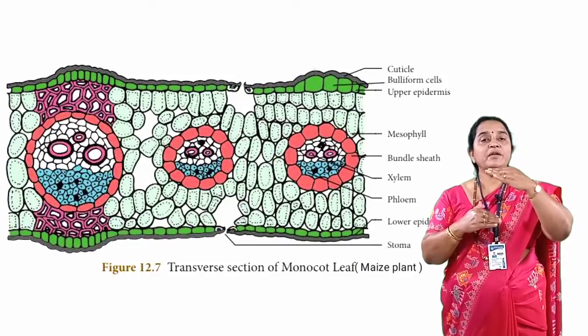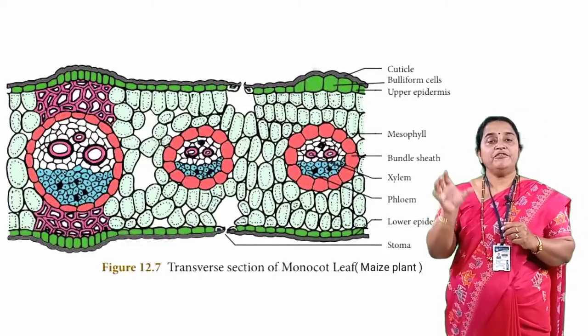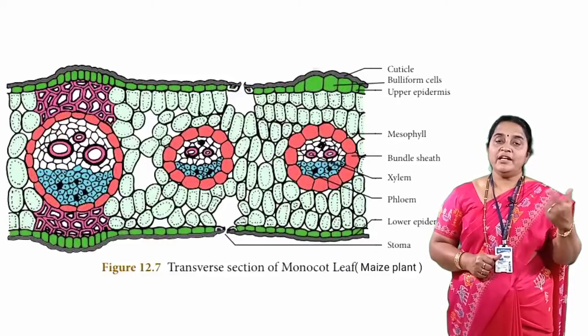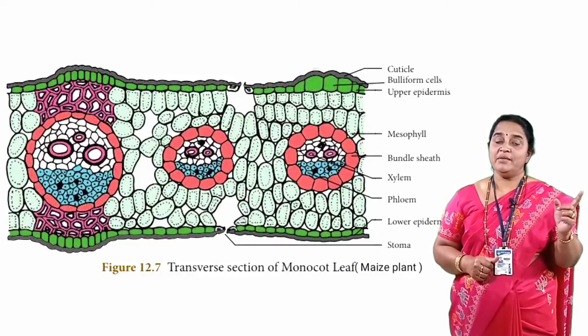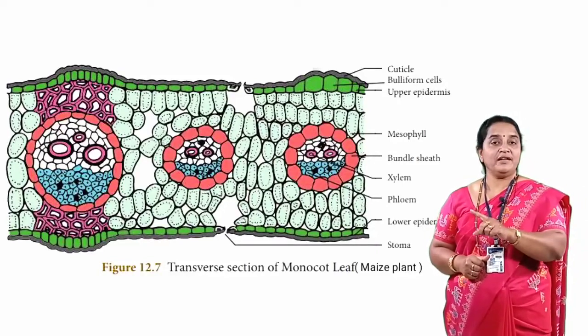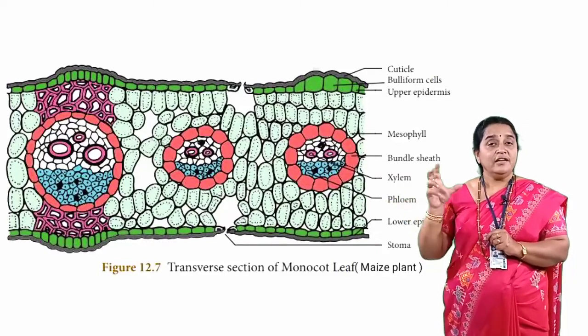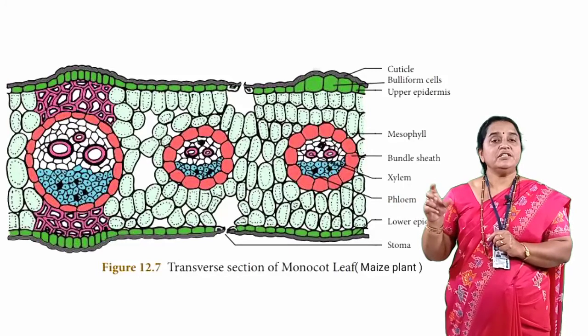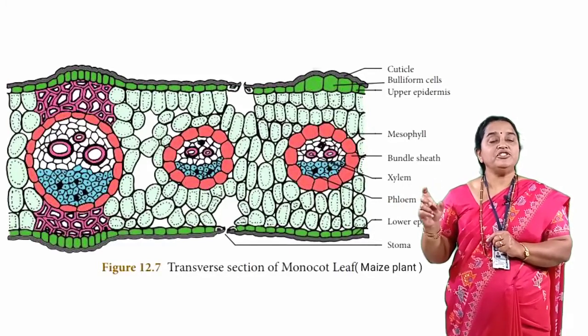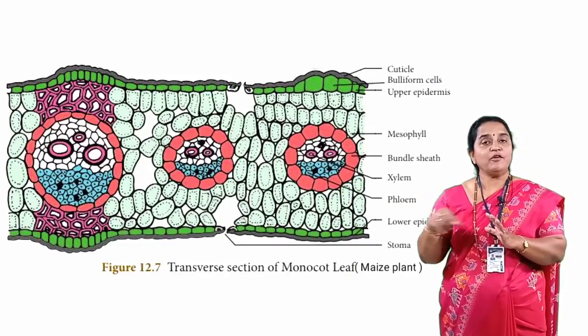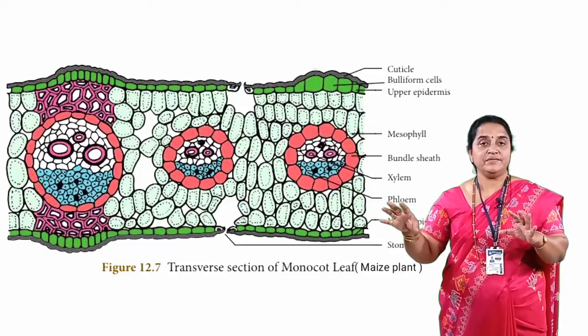Between upper and lower epidermis, there is a mesophyll which contains chlorenchymatous tissue. Parenchyma rich in chloroplasts, so it is called chlorenchyma, involved in photosynthesis. Here in mesophyll region, it is said to be spongy as the chlorenchyma cells are oval and they are loosely arranged.